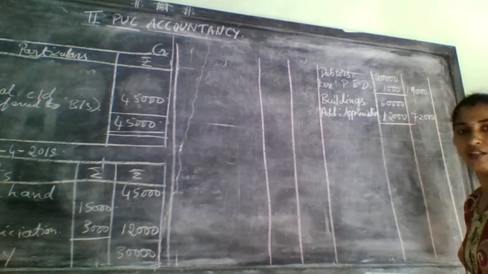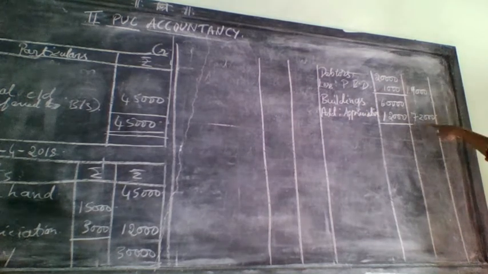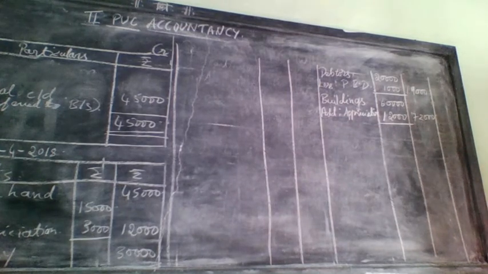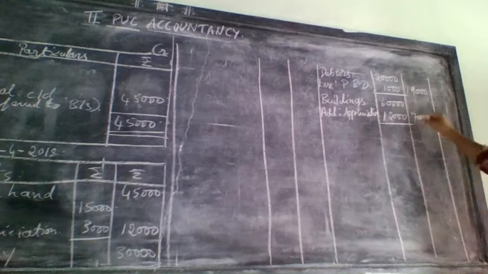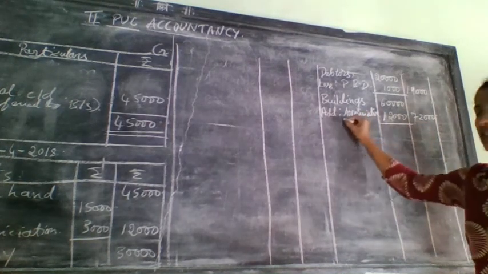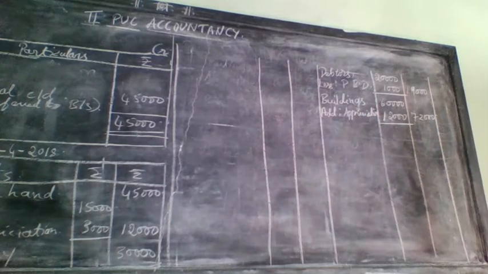So building finally will become 72,000. Why have we taken add here? Because it is appreciation and it is on the credit side of the revaluation account.